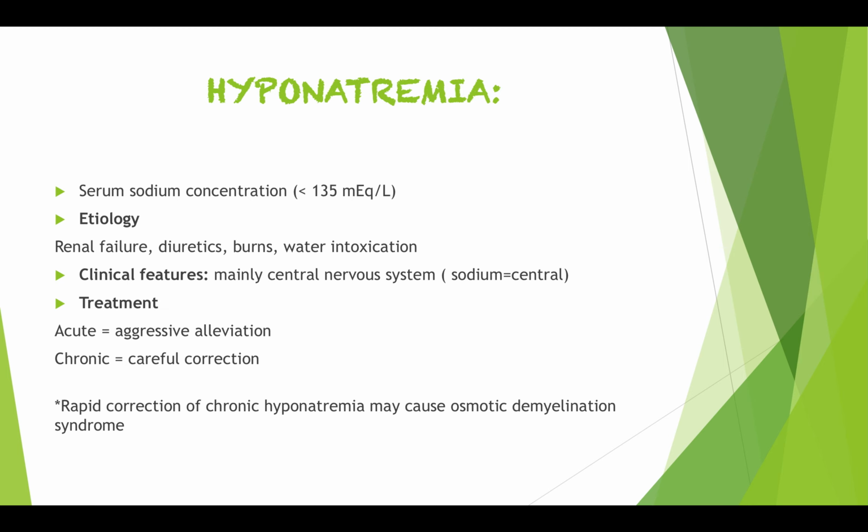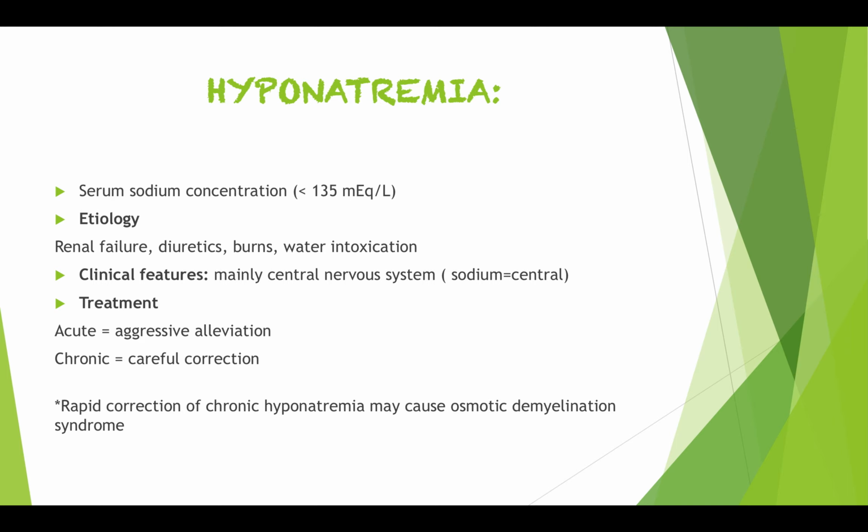In hyponatremia, the serum sodium concentration is less than 135 milliequivalent per liter. The causes include renal failure, diuretics, burns, water intoxication, for example. Clinical features also mainly related to the central nervous system. Remember, sodium central.